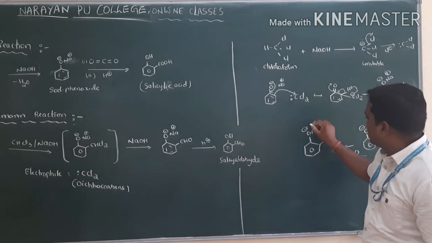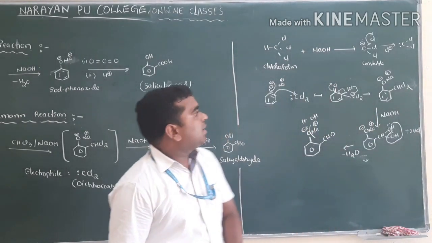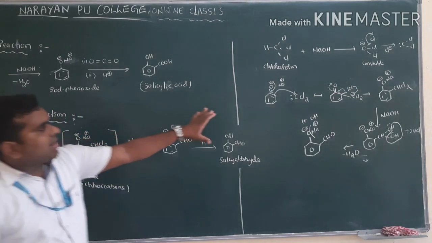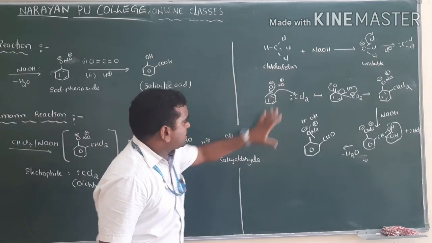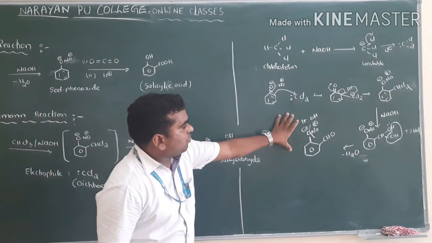Then hydrolysis, H will be added here, OH will be added. So this is about the Reimer-Tiemann reaction. The simple mechanism is not required, just how you get the product. I have roughly explained here.